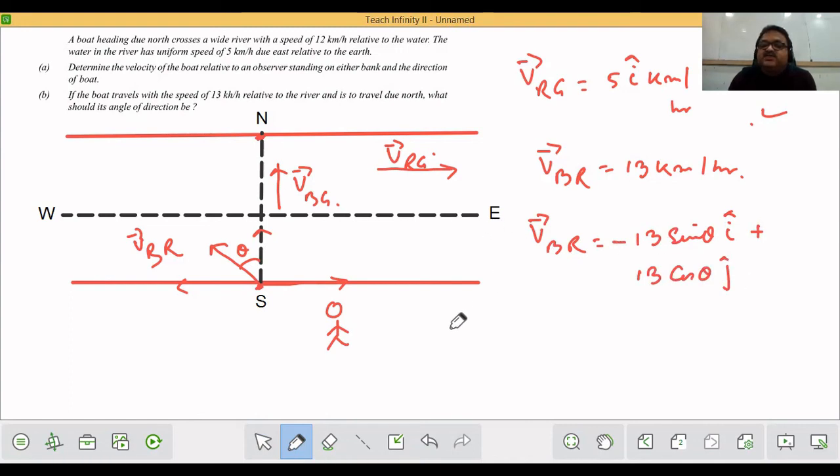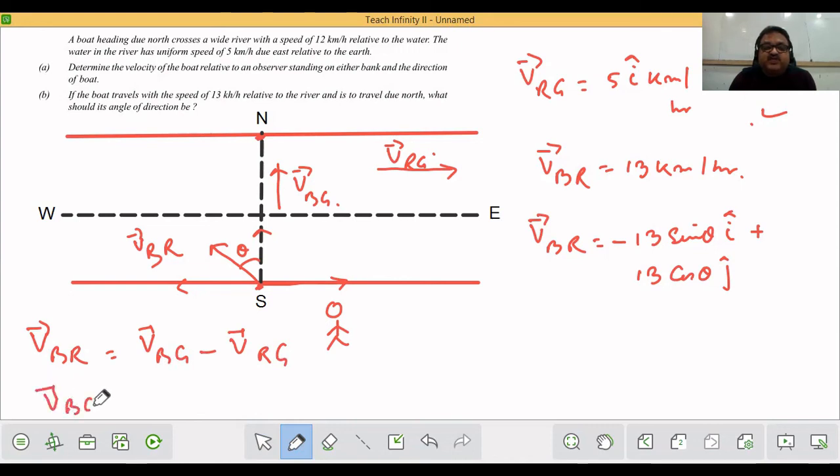Clear? So what is the velocity then? The velocity of the boat with respect to the river is equal to the velocity of the boat with respect to the ground minus the velocity of the river with respect to the ground. So what is the velocity of the boat with respect to the ground?